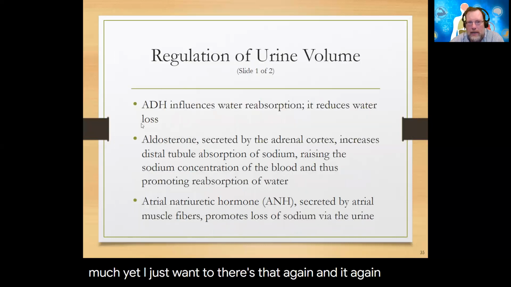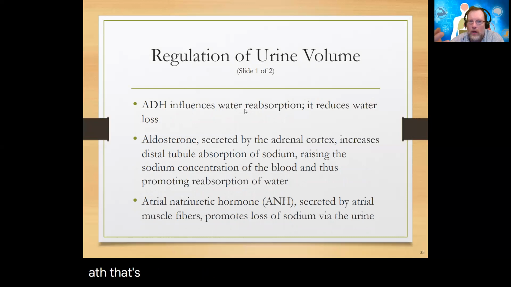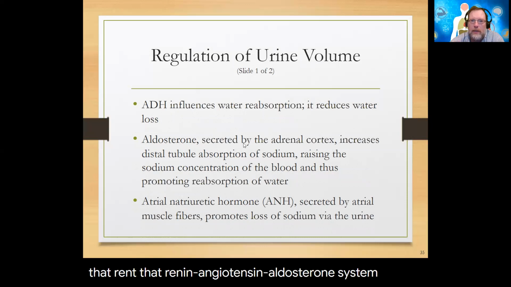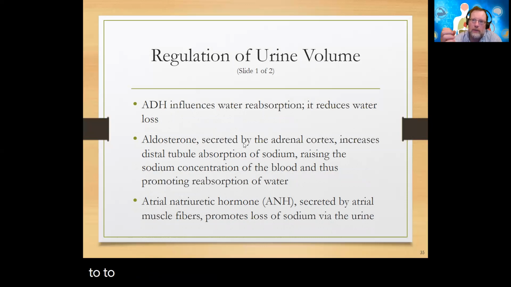And again, it's that ADH that's influencing water reabsorption. ADH, antidiuretic, reduces water loss. It works with aldosterone to do this. The renin-angiotensin aldosterone system helps. Angiotensin helps with vasoconstriction.